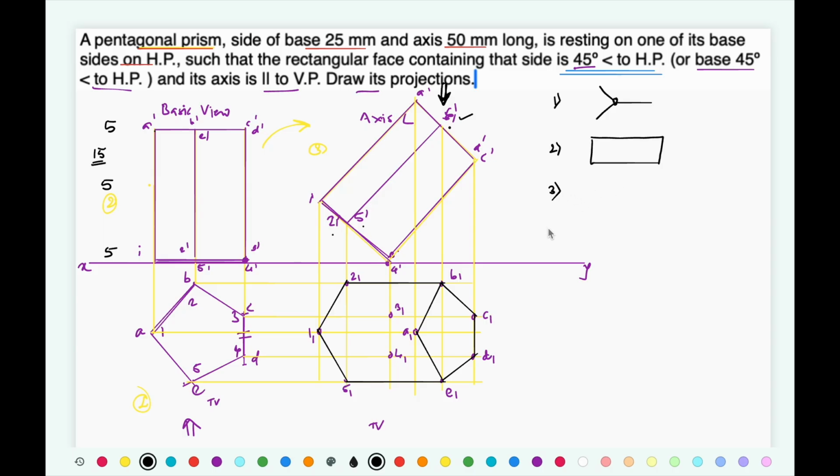Now rule number 3: at any corner, if there are two existing dotted lines or hidden lines, the third line starting from that corner is going to be a hidden line. Now in case of this 1 2 3 4 5 pentagon, we have drawn the outermost lines visible in nature. The remaining three lines are going to be dotted or hidden lines.